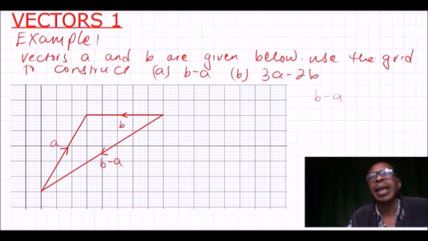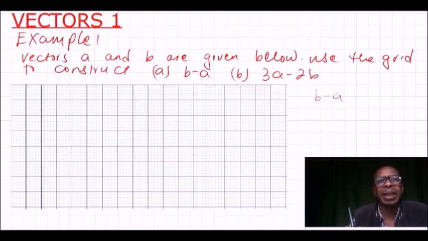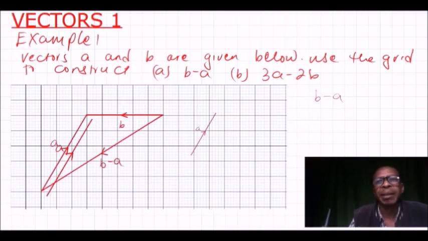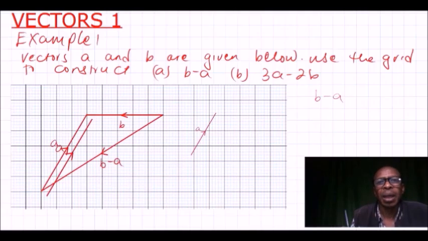The other one is 3A. The 3A, what you do is you multiply. You multiply this 3A. So you have a vector, you combine them. Let's make A a bit smaller so that we can work with it. And we can remove this.